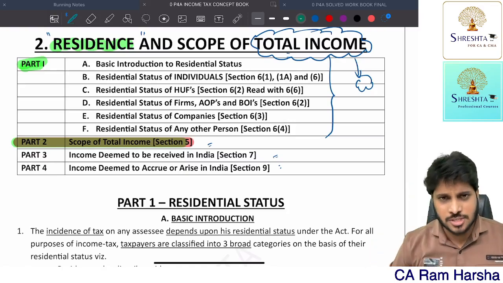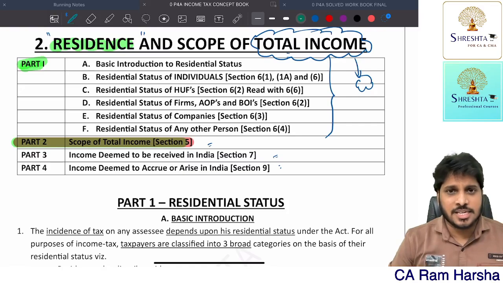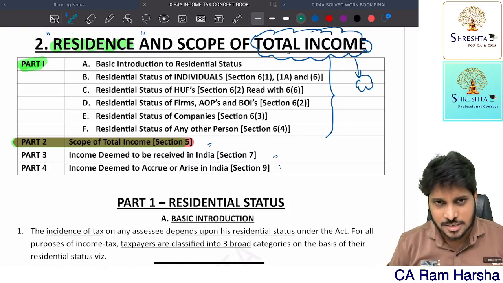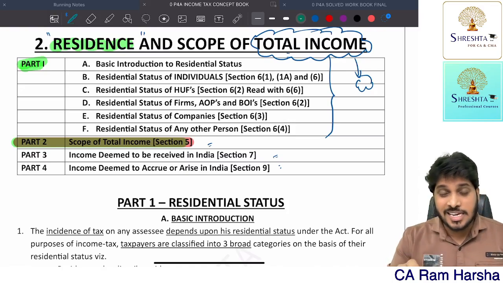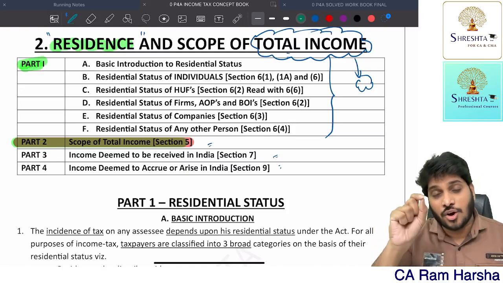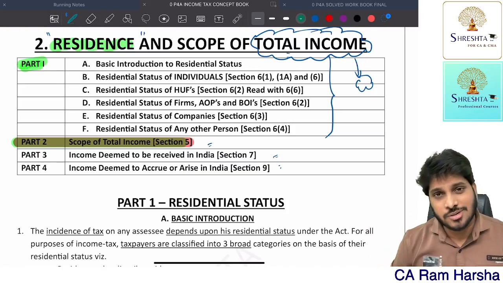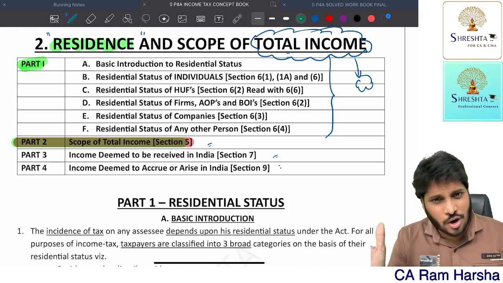If both are outside, if source and receipt, nothing but accrual is outside, receipt is outside, then it is not taxable for a non-resident. Further, in case of resident but not ordinarily resident, what we understood is, for him also it is same like non-resident.